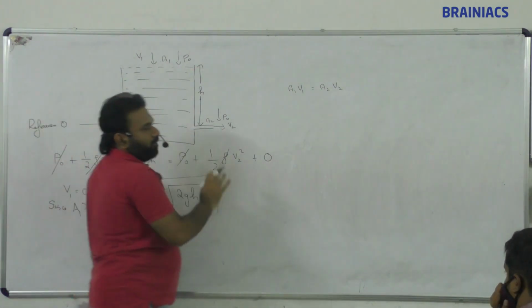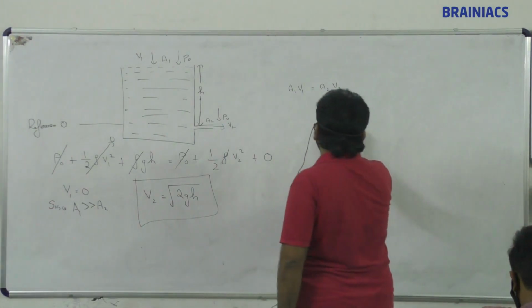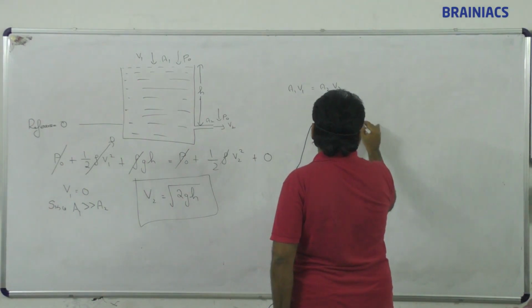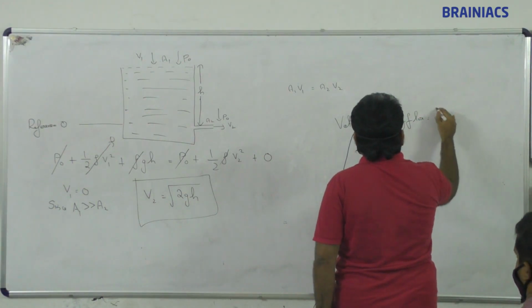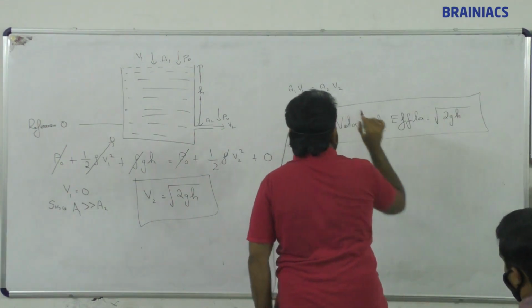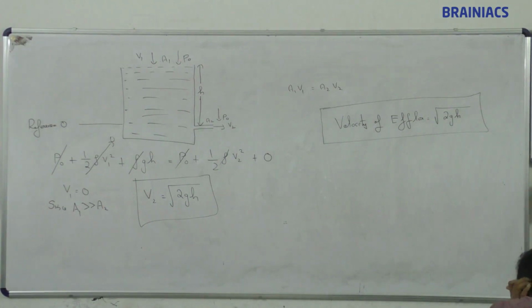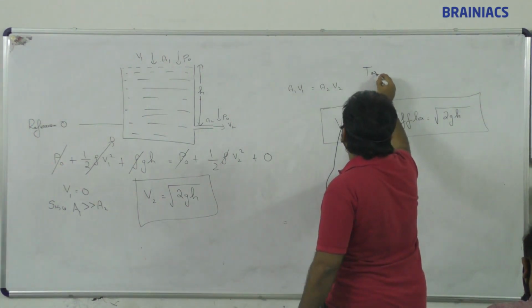So the velocity of efflux is nothing but root 2gh. This is also called Torricelli's theorem.